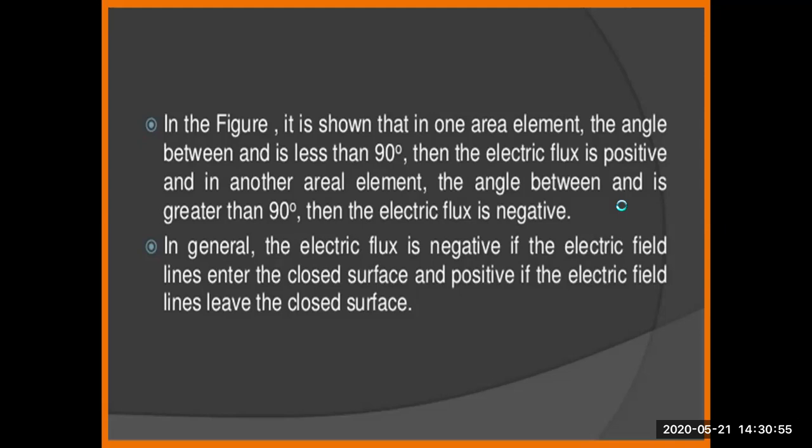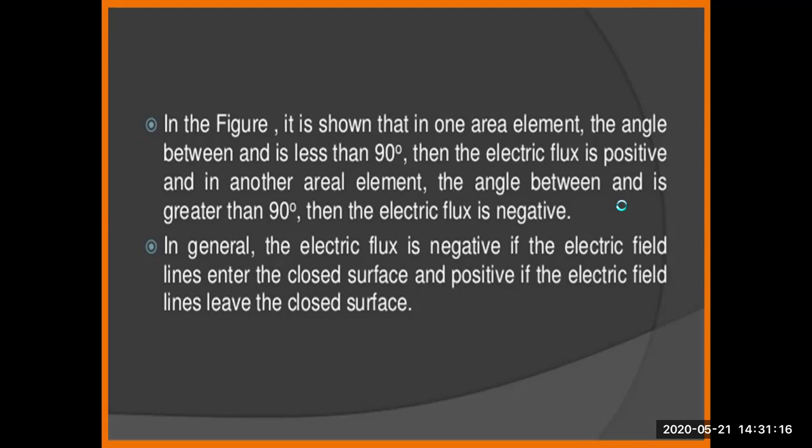So they can ask, if the angle theta is greater than 90, what is the nature of electric flux? Negative, absolutely right. When it is less than 90, it is positive.